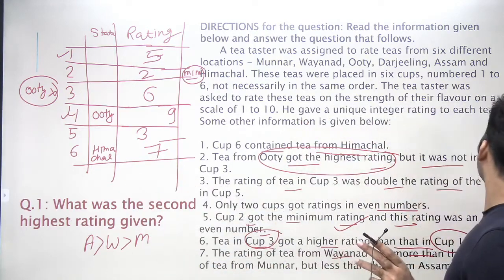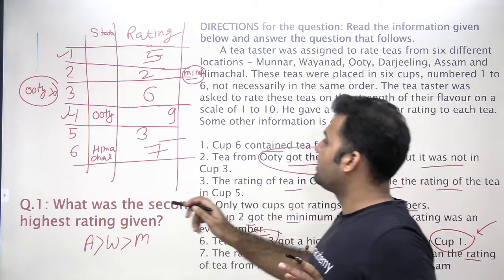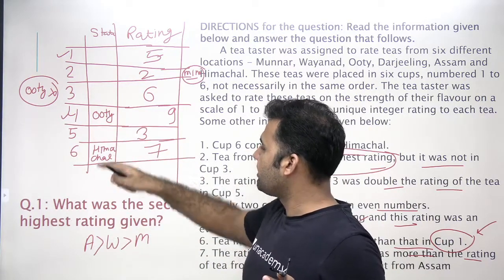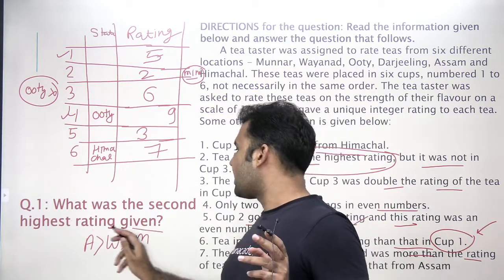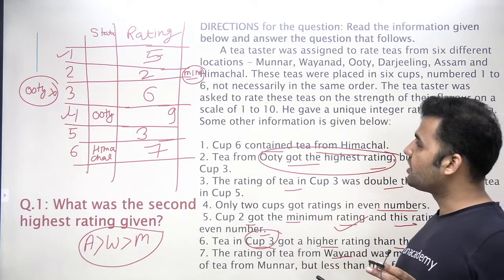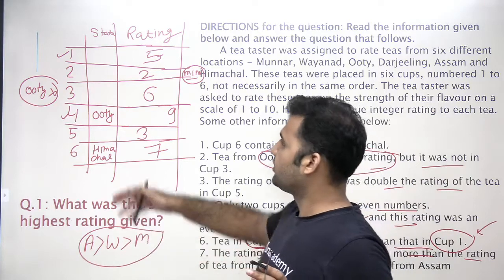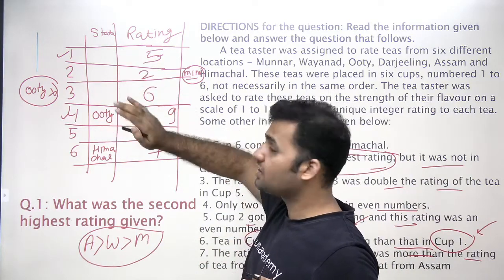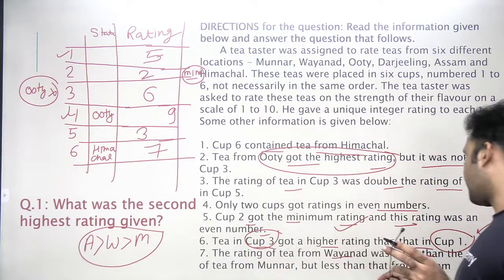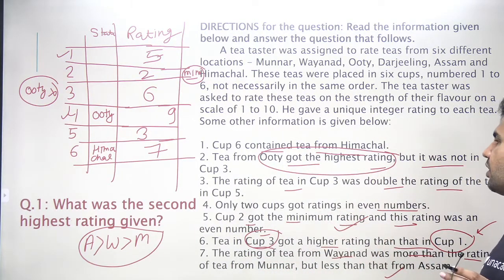All right. So you see that these are the state names: Ooty, Himachal, and Assam, Wayanad, and Munnar. We do not know, and no more information is available. It can be placed in these 4 places in any order, right? We do not have any other information except this, so we'll have to keep it on hold.